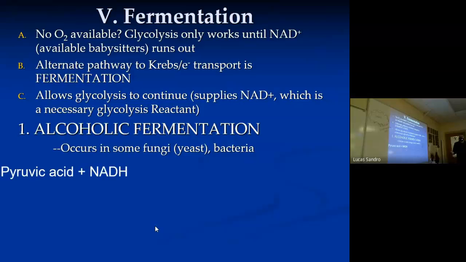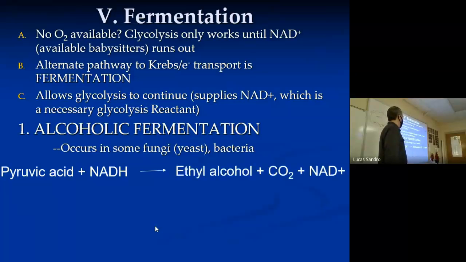The products of glycolysis, right? Pyruvic acid and NADH, the major products of glycolysis besides ATP, go in. And what comes out are ethyl alcohol, carbon dioxide, and NAD+.